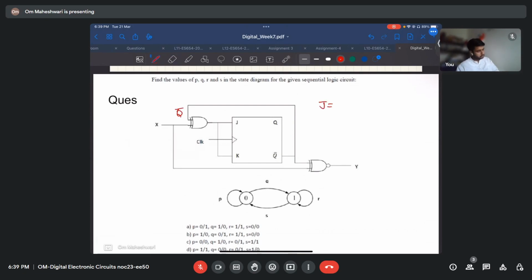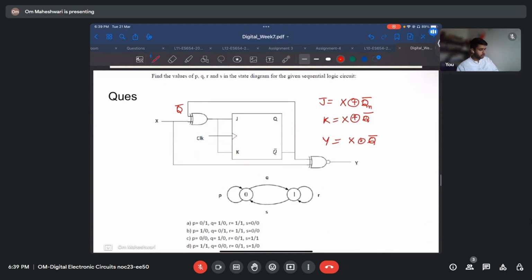So J is X XOR Q bar, and K is also X XOR Q bar, and Y is X XOR Q bar. So you can write it Qn.